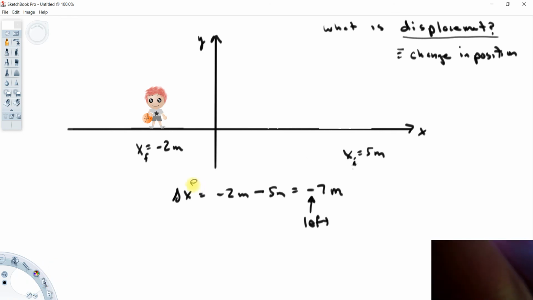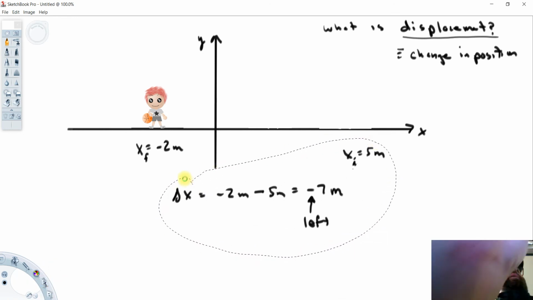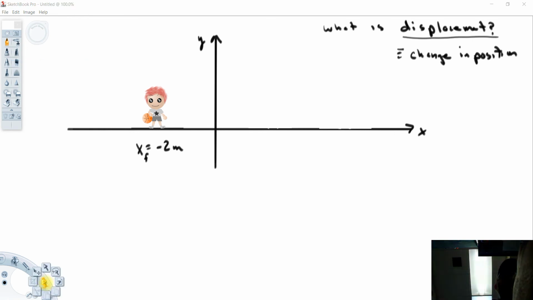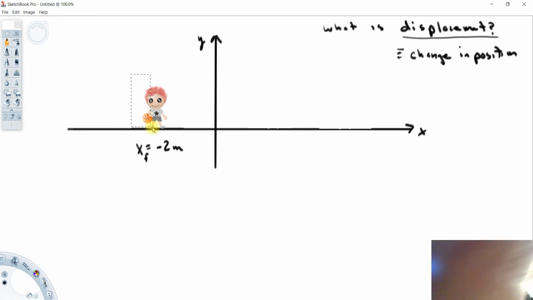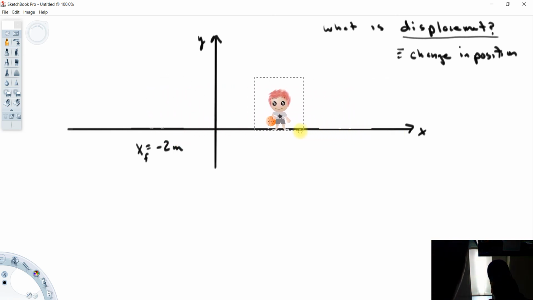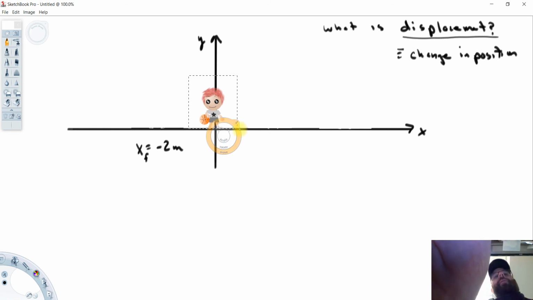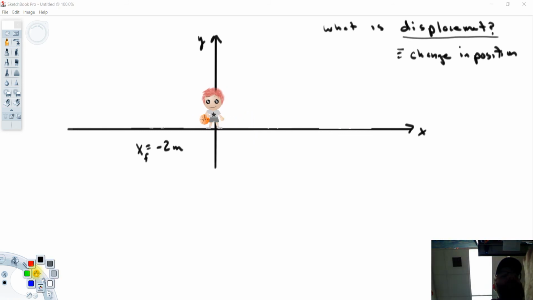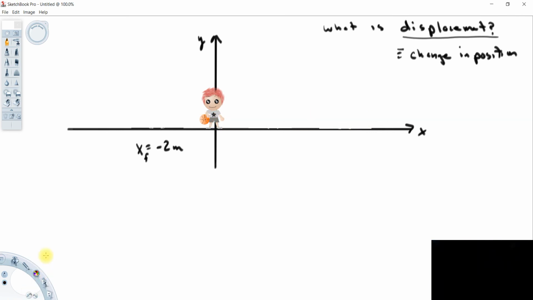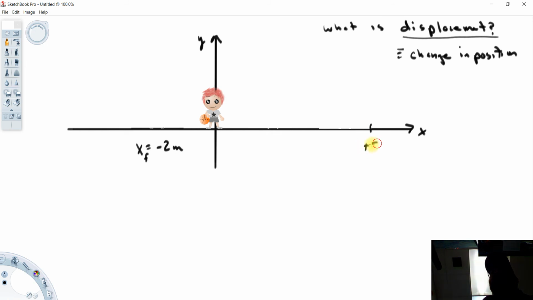All right, let me get rid of this, and I'm going to go through a third example. All right, now we're going to imagine that Timmy starts out at this negative 2, walks over to plus 5, and then back to here, ends up at 0. So basically the trip we're talking about looks like this, from here to here and back to here. I'm going to put a mark on that plus 5 for a moment.